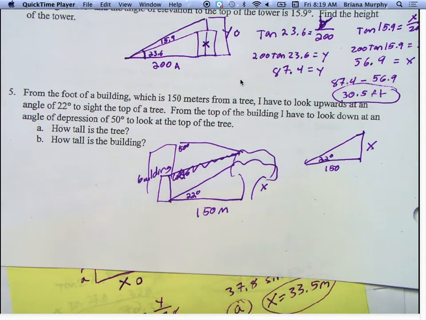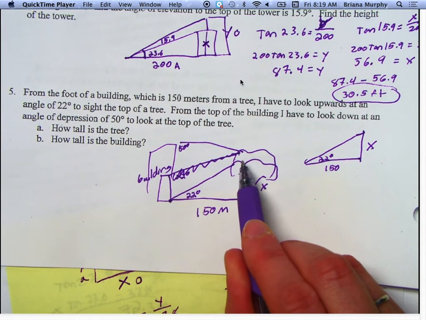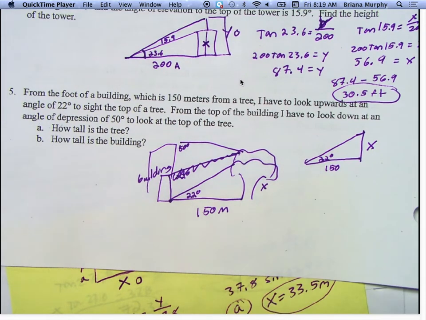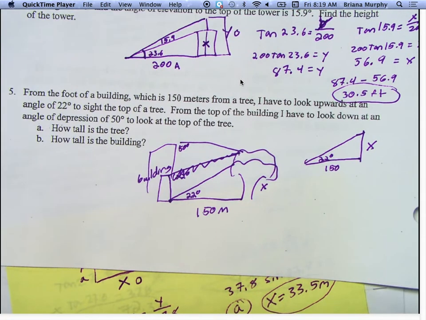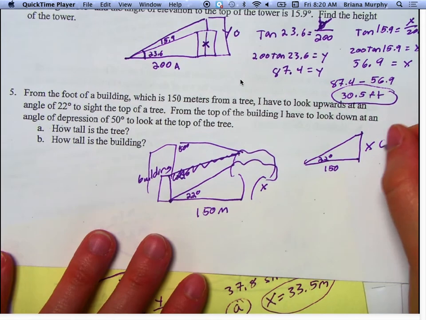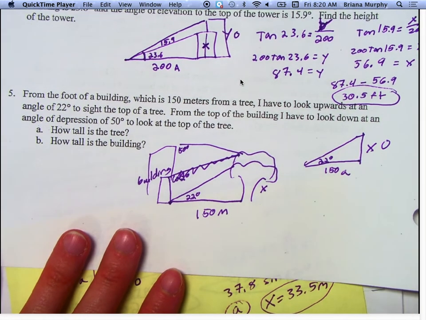I'm assuming I'm standing on the ground because I'm at the foot of a building. So I look up, angle of 22 degrees, trying to find the height of my tree, which is 150 meters away. Is x opposite, adjacent, or hypotenuse? X is opposite. 150 is? So I'm going to use which trig function?